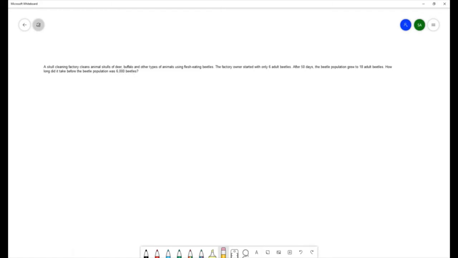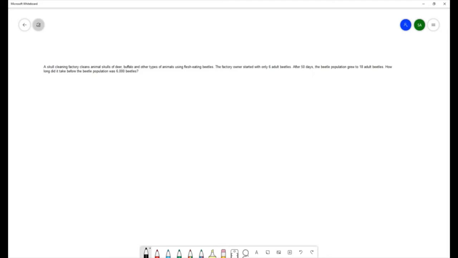So we're going to assume that this model is an exponential model. And using this information right here, that we started with 6 beetles, and after 50 days that beetle population grew to 18 beetles, we're going to be able to find the growth rate.